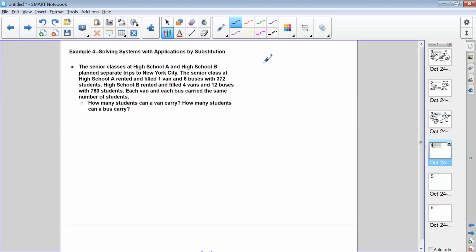All right, senior classes at 2 different high schools. The senior class at high school A has vans and buses. So we're just going to say x would be a van and y would be a bus. So high school A had 1 van, 6 buses equals 372 passengers.